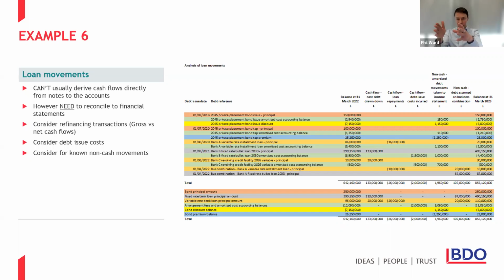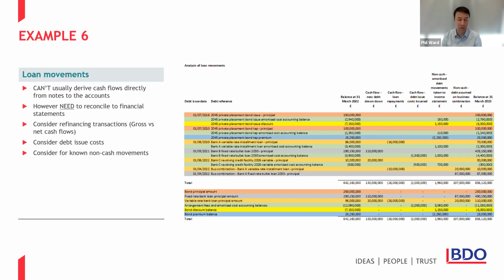So this spreadsheet extract is taking each of your loans, and any amortized cost adjustments, discounts or premiums attached to your loans. Each of those are listed on the left hand side, and you've then analysed out each of your cash flow movements and any non-cash flow movements.